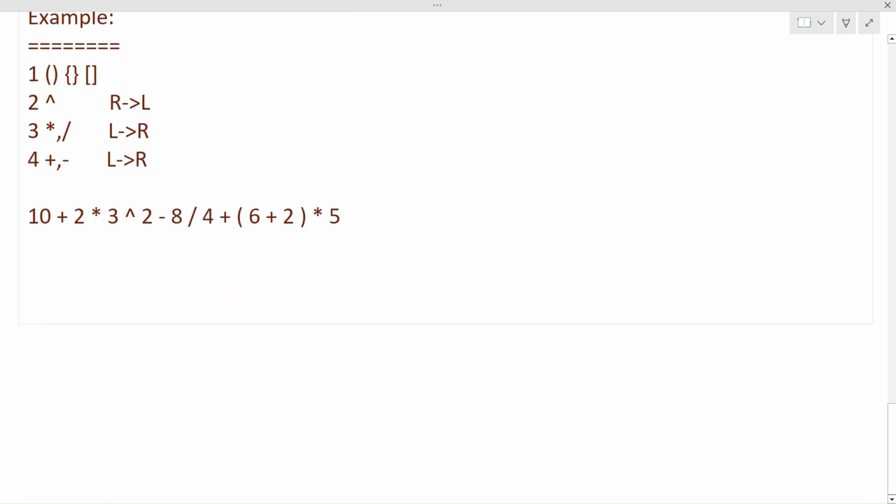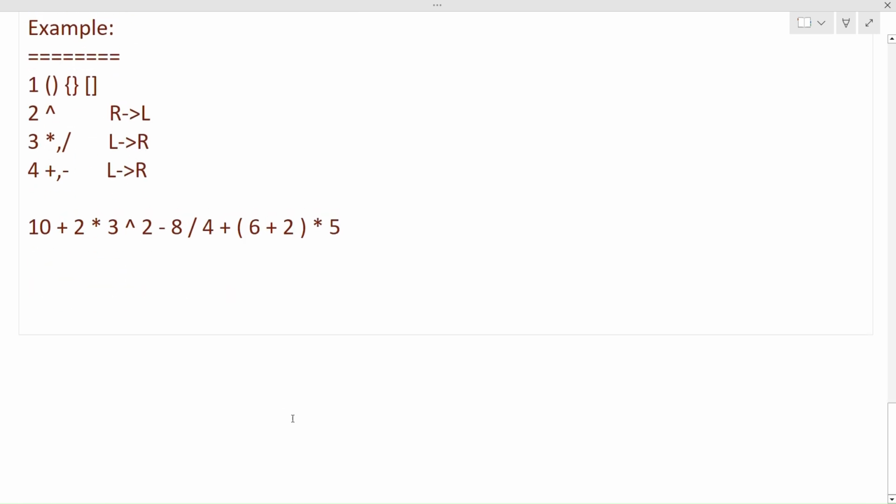And now let's see an example. Let's take a very big problem, and now let's try to solve this and find the perfect solution for this. As you can see here, I am writing these precedence and associativity rules for your understanding.